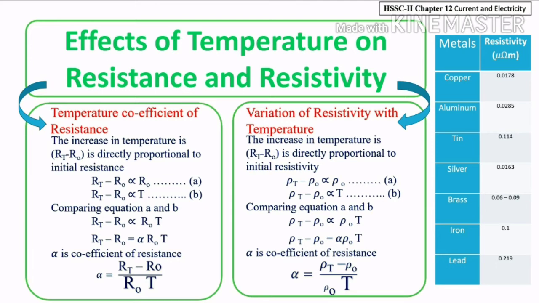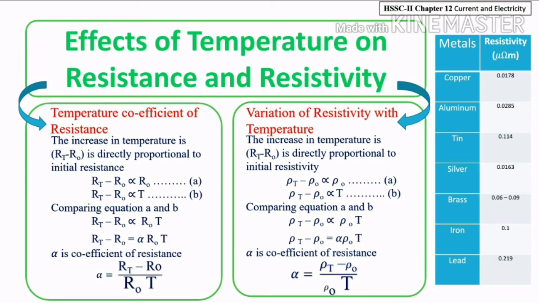Now we will talk about the variation of resistivity with respect to temperature. Similarly, the increase in resistivity is rho T minus rho naught, which is directly proportional to the initial resistivity rho naught, and thus rho T minus rho naught is directly proportional to temperature.